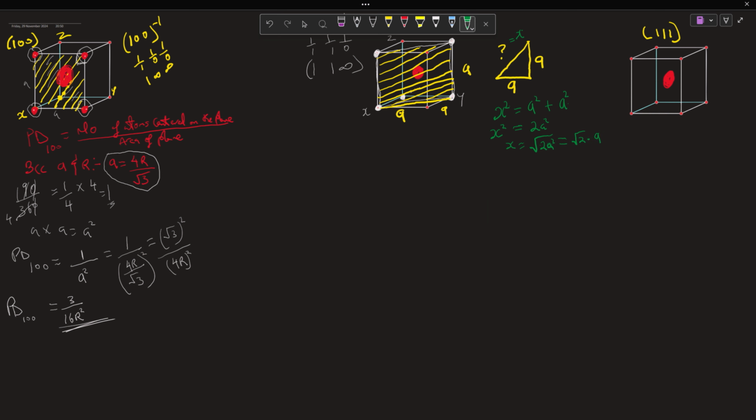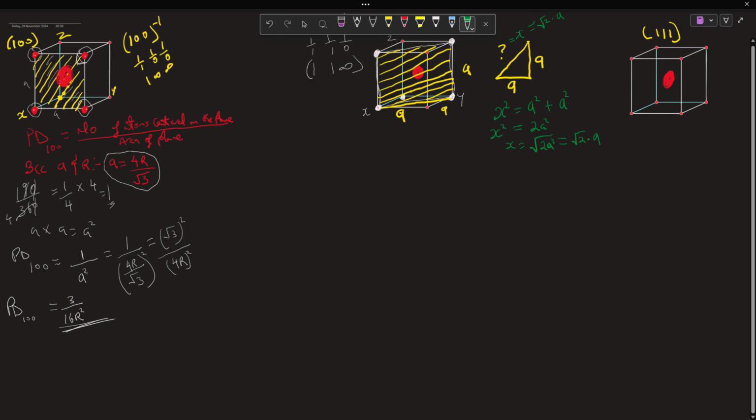So we know the length of this plane to be equal to root 2 times a.